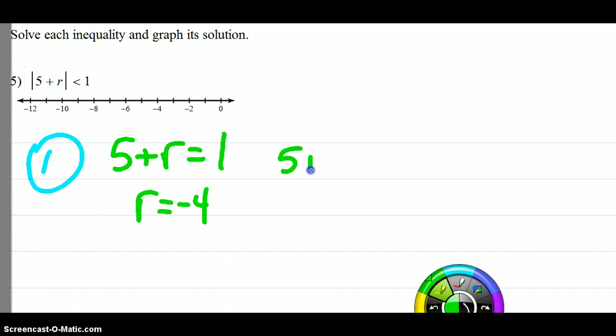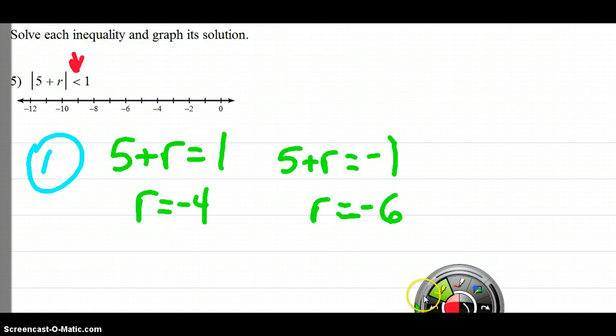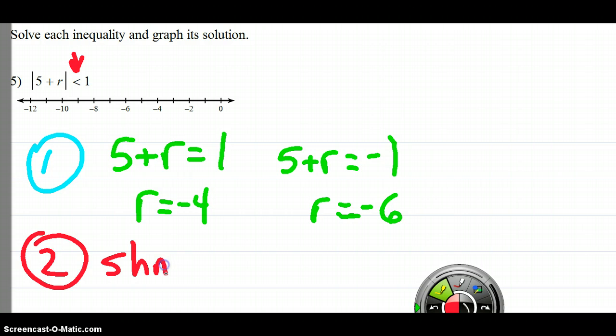And when the inside of the absolute value equals a negative value, this is going to be another answer. But this is not an equals. So what we have here is an inequality.